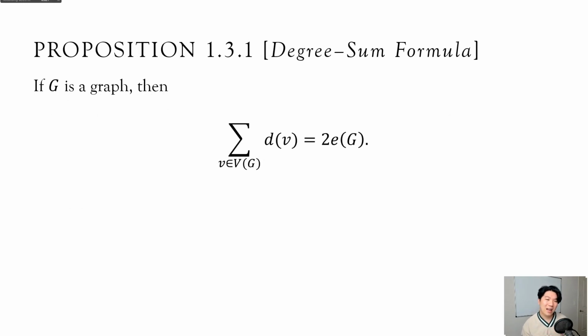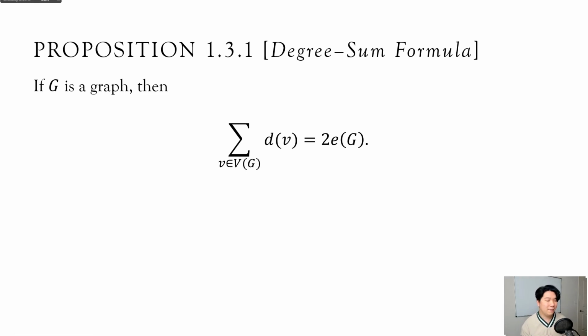That is, if I have some graph, whatever it may be, then if I take the degrees of every single vertex and add them together, remember that's what this notation means right here, the sigma notation. This means I take all the degrees of each one and add them together. This is equal to 2 times, here we have the number of edges. So we have our degree sum formula.